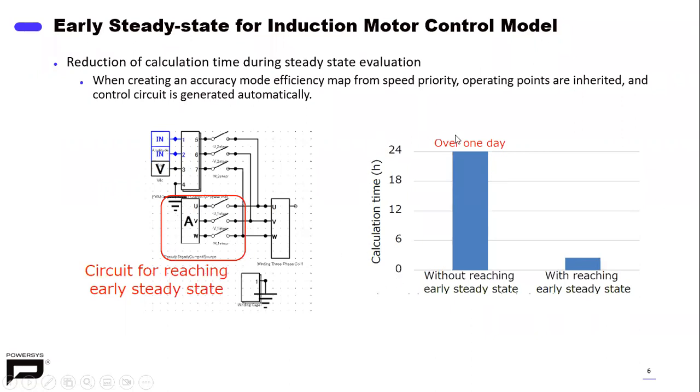There is a comparison on the right hand side, which shows that without this early steady state circuit component, it took over 1 day to reach the steady state. By using this enhanced accuracy priority mode efficiency map for the induction motor, the steady state is achieved within a short span of time compared to the previous version.